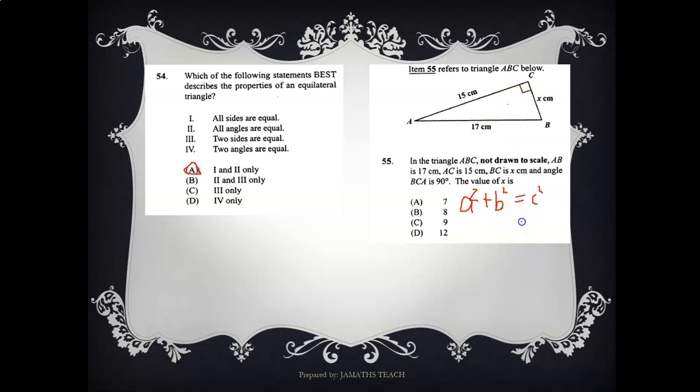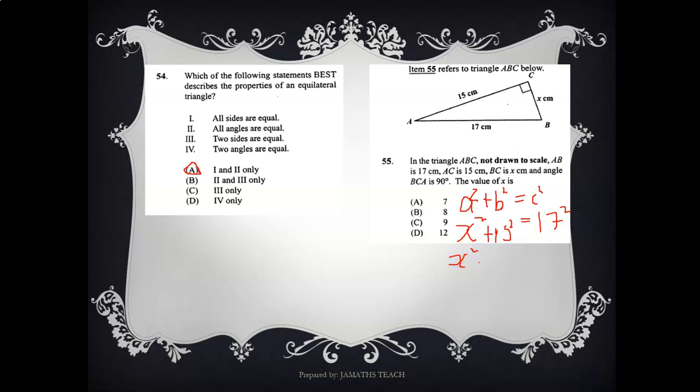So you substitute what you are given. So we were given the hypotenuse, which is 17 squared, and one of the short sides. I'm going to call the side that we don't know X, so let's make that X squared. And that would be the next short side, 15 squared. Alright, so remember that no calculators are allowed in the exam.